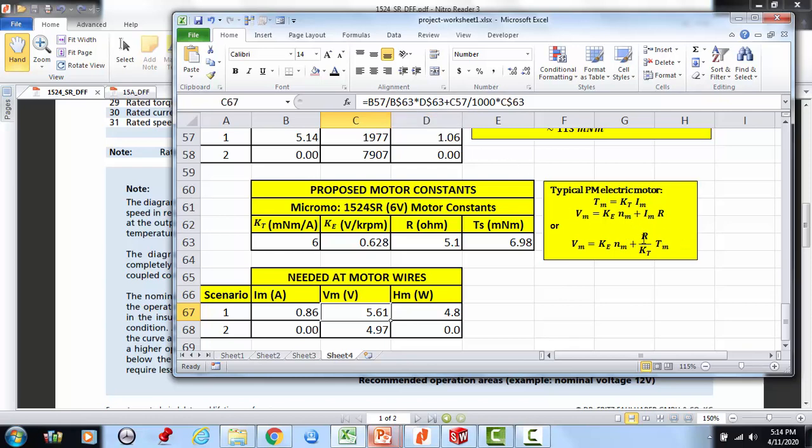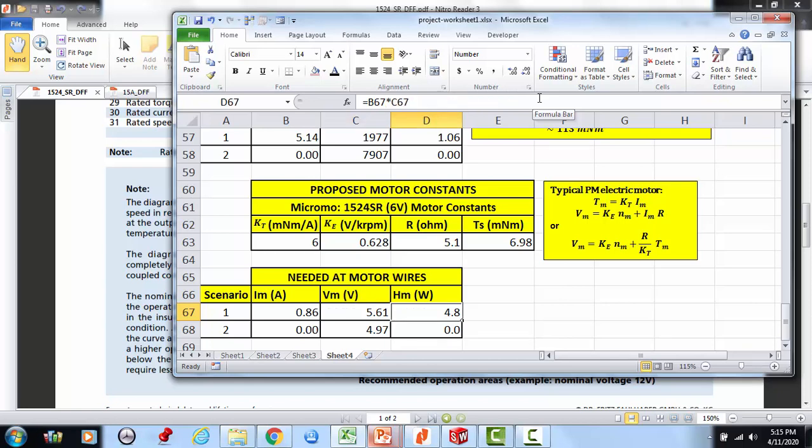I've got these in my equations from Excel, kind of had them swapped, and then I'm adding in C57, so that's going to be the speed in RPMs. To get into kilo RPMs, I divided by 1,000, and then I'm multiplying by C63. So that's going to be the back EMF constant. So that's how I got this. And it looks like 5.6 volts. It's a 6-volt motor, so that's fine.